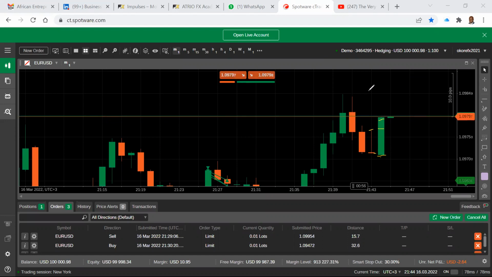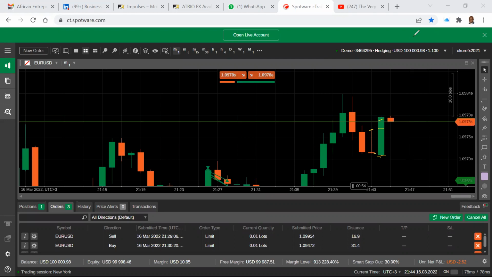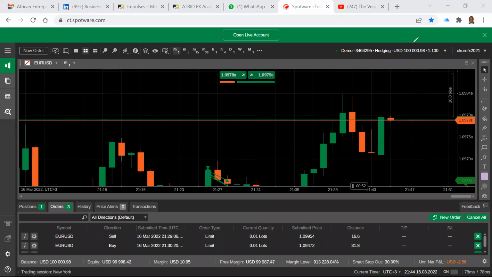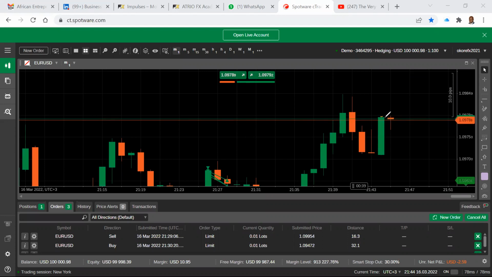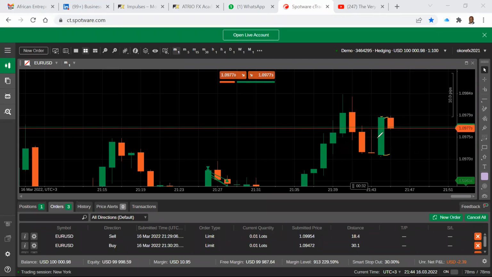Now, if we just study this alone, the highest point was just a little drop right there. But it closed there. That's where the market closed. It opened here, and the lowest it reached was somewhere there. If you look, there's a little drop.